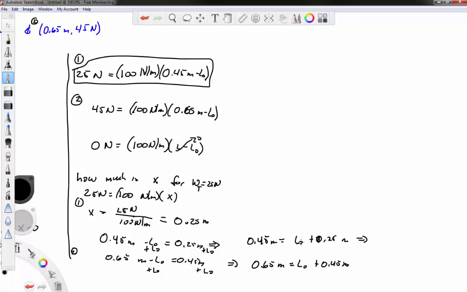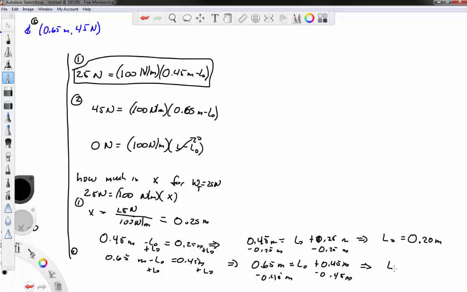Okay, so now I subtract 0.25 meters from both sides of this one, or I can subtract 0.45 meters from both sides of this one. Again, I'm subtracting this much and I'm subtracting this much, and so I end up with L naught is 0.45 minus 0.25, which would be 0.20 meters.